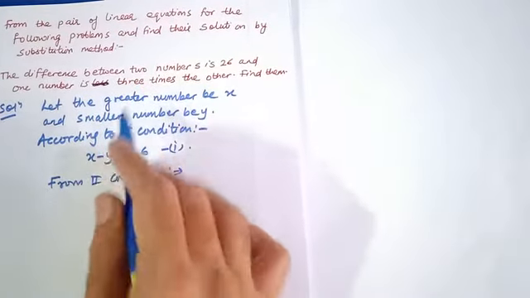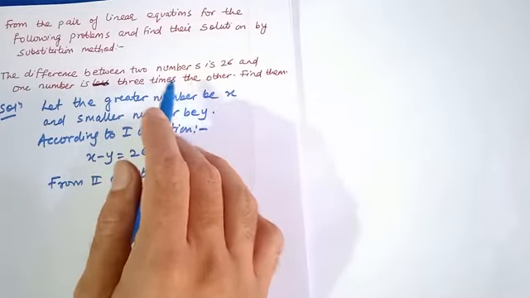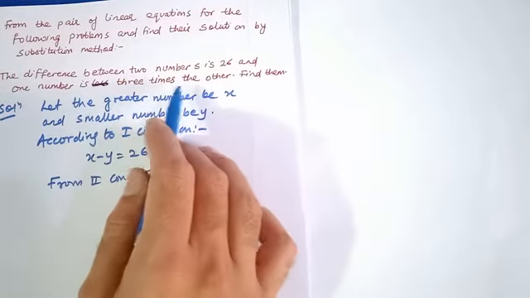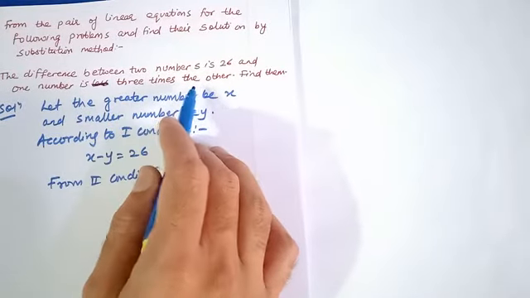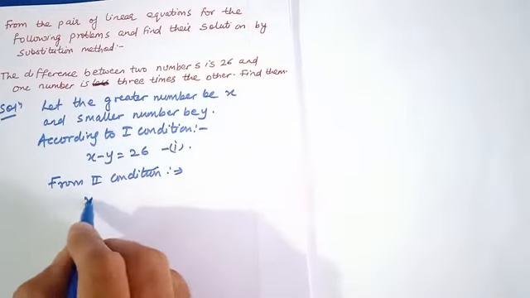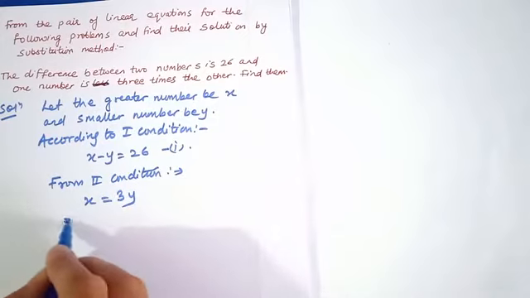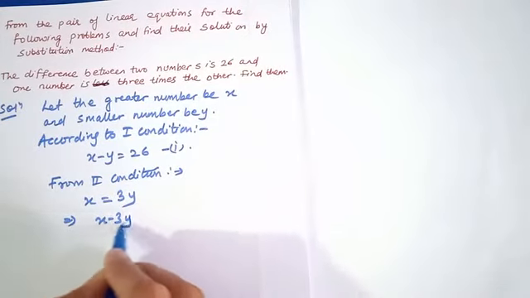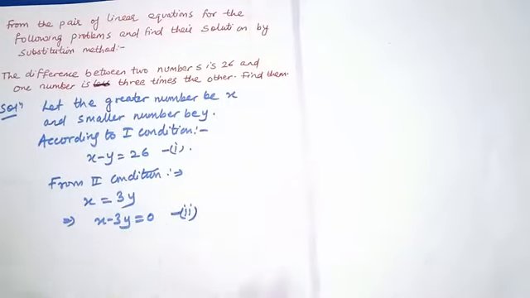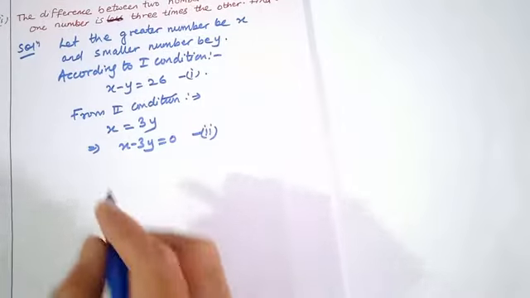If one number is 3 times the other, it is easy to understand that the greater number is 3 times the smaller number. Which is the greater number? x. So x is 3 times y. This implies x minus 3y equals 0, and this is your second equation. So let us solve them by using the substitution method.